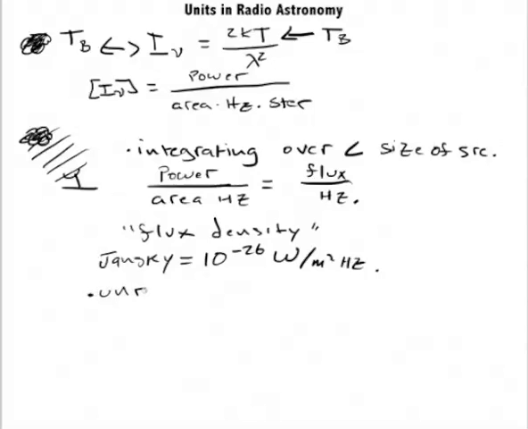That is, if the source is unresolved, meaning that the antenna beam is bigger than the angular size of the source on the sky, then all antennas with this property can agree on the flux density.